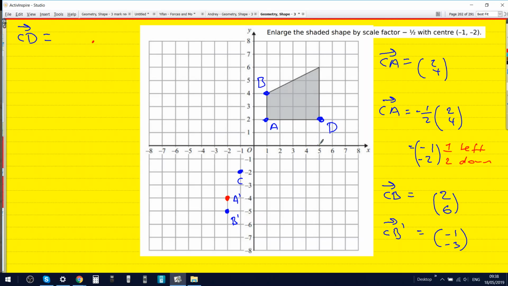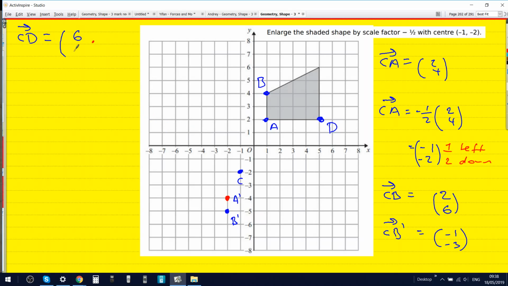So from -1 to 5? Oh, 6. And then is it 4?